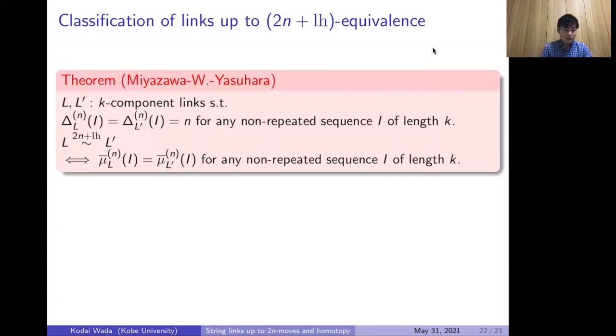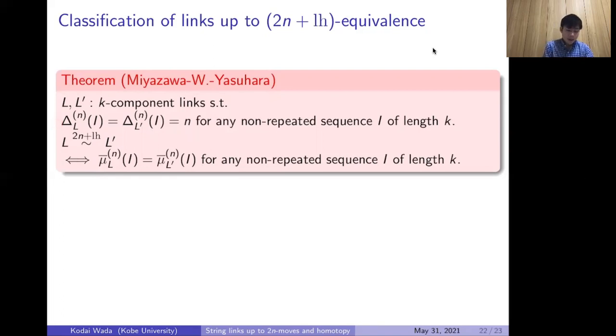Moreover, we have the following classification result of links. Let L and L prime be k-component links such that their delta n invariants are equal to n for any non-repeated sequence I of length k.